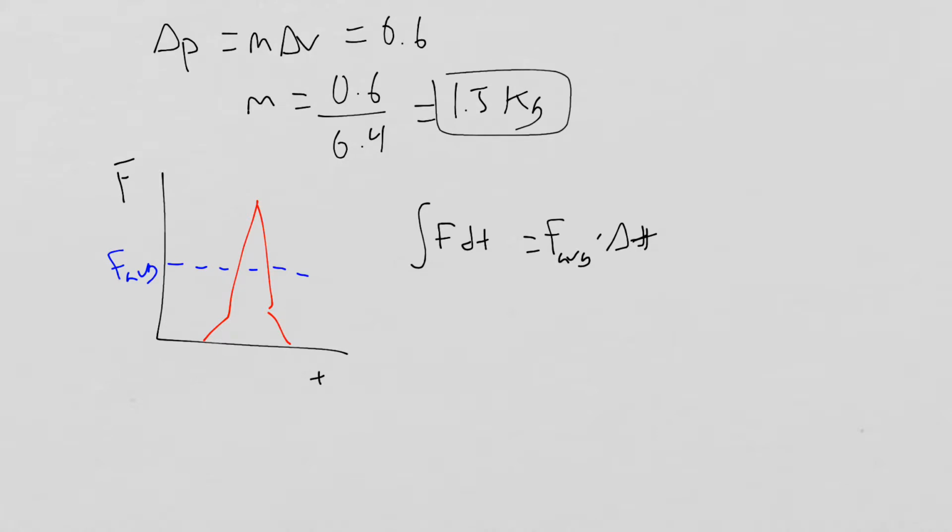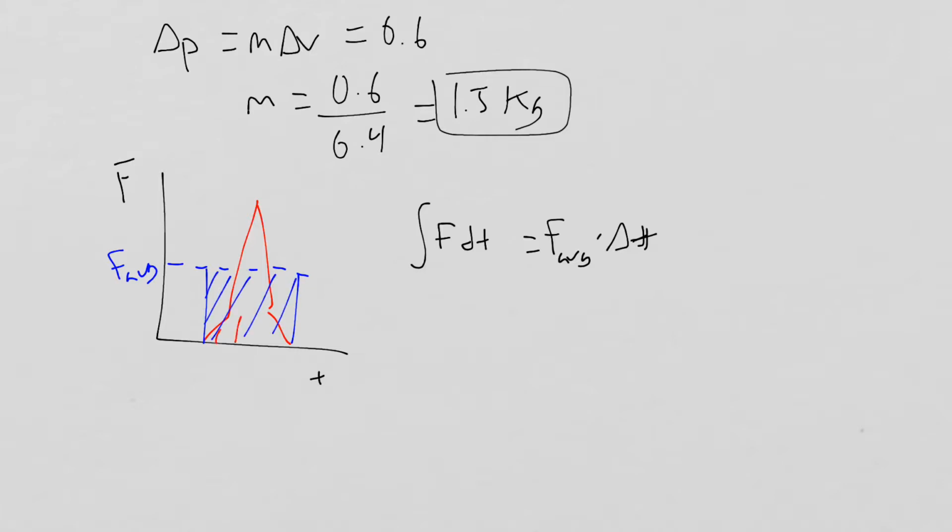So if we take that approach, even though we kind of have to find area anyway, we can instead really think of it in terms of a force. And so if we calculate what this value of F average must be, by calculating that this blue rectangle has to have the same area as the red sort of mixture of triangles, we can calculate F average.